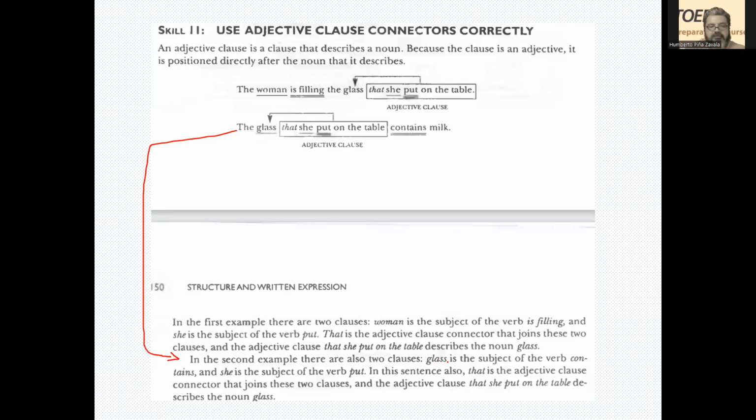Glass is the subject of the verb contains, and she is the subject of the verb put. That is the adjective clause connector that joins these two clauses. And the adjective clause that she put on the table describes the noun glass. It's the connector, and the whole thing is telling me what type of glass I'm talking about, right? It describes the glass because it's an adjective.